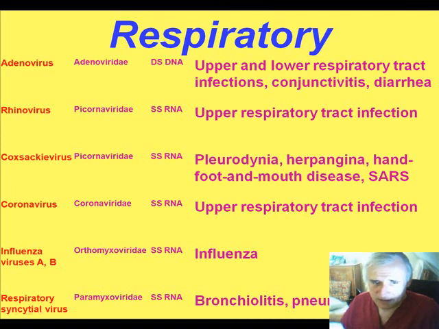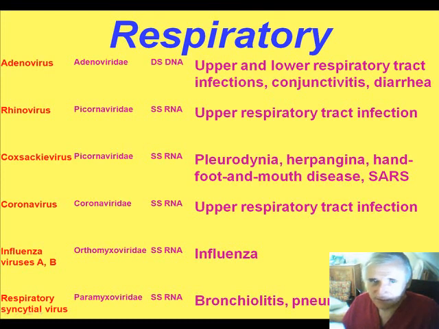Here are the common names for the viruses here on the left in red. These are the actual taxonomic viral names. This tells you whether it's single or double-stranded DNA or RNA. These are things you probably don't really need to know. But what you should know is the general category or the generic name for viruses, and the general category of diseases that they cause.